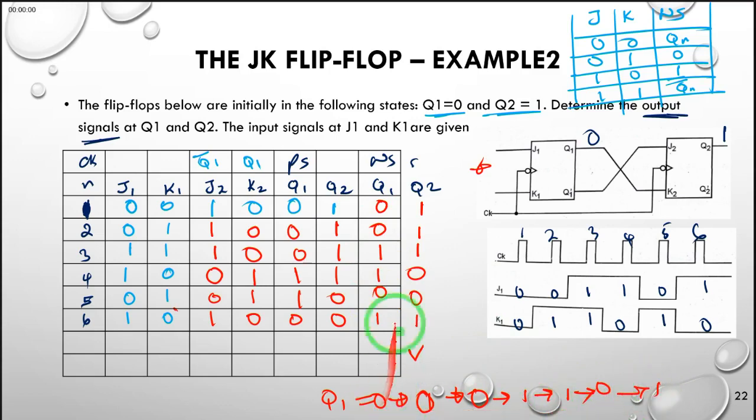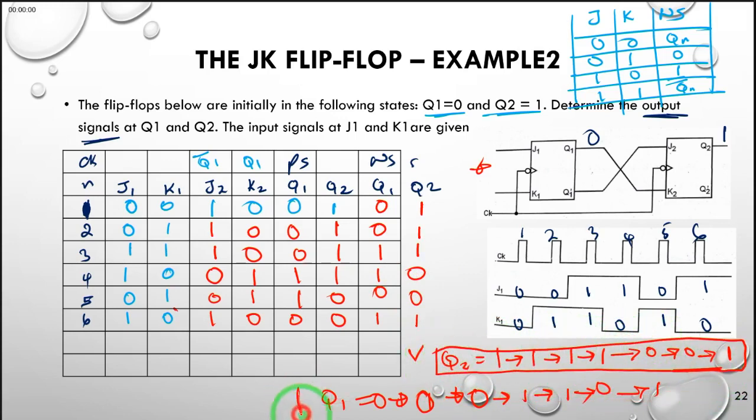So this is how our Q1 is transitioning: 0, 0, 0, 1, 1, 0, 1. And Q2 is moving from 1, 1, 1, 1, and then 0, 0, 1. So this becomes the transition for Q2, and this is the transition or the output for Q1.